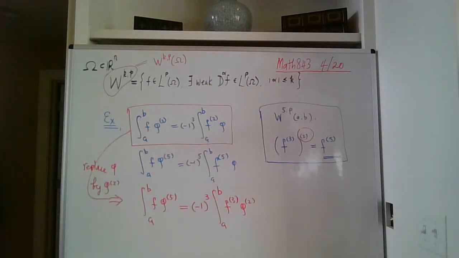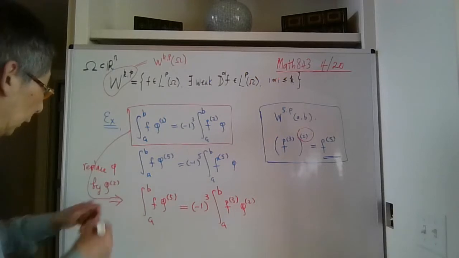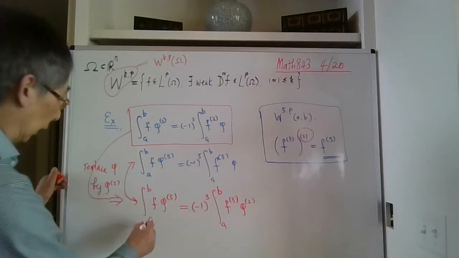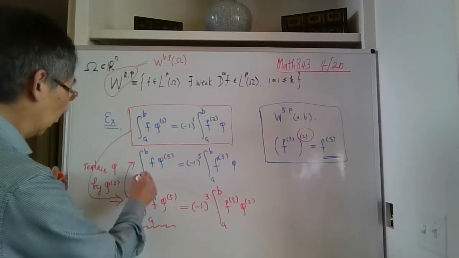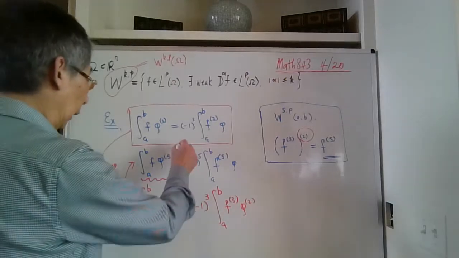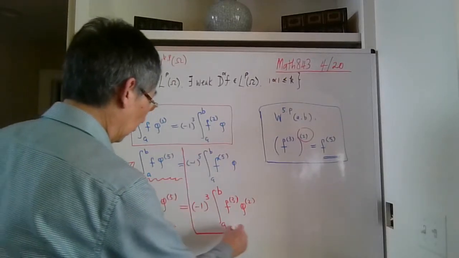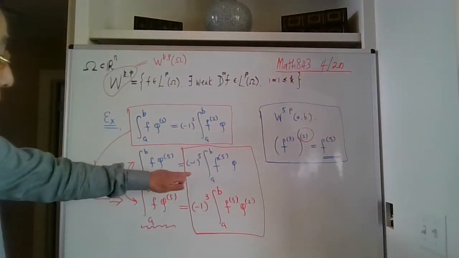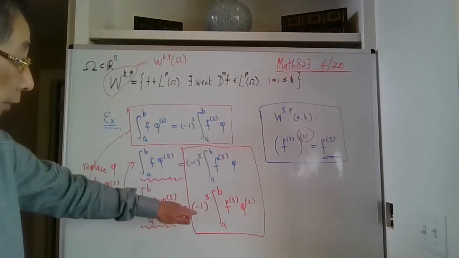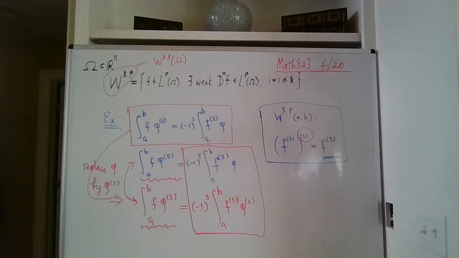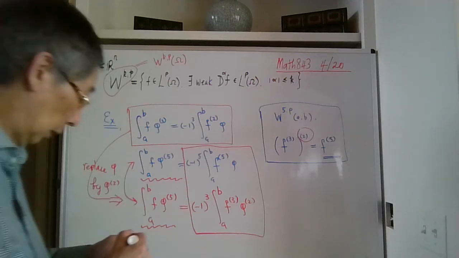Then the next thing is I'm going to compare with this. If you compare, obviously you can see this term equals this term, so these two terms are equal to each other. However, they are equal up to a different sign involved here. So you can cancel the minus 1 to the 3rd with the minus 1 to the 5th, and then you get the following.